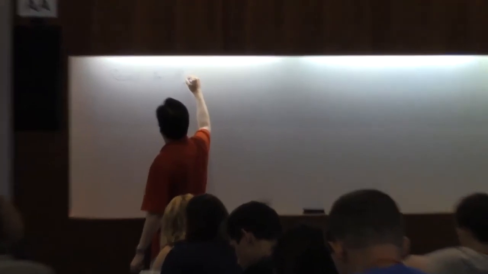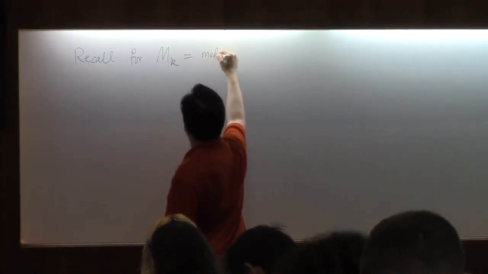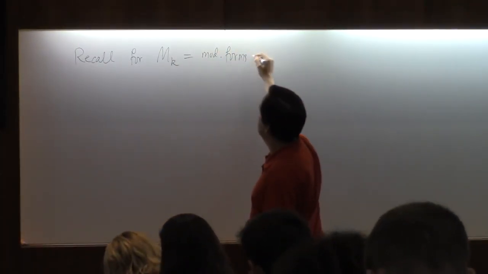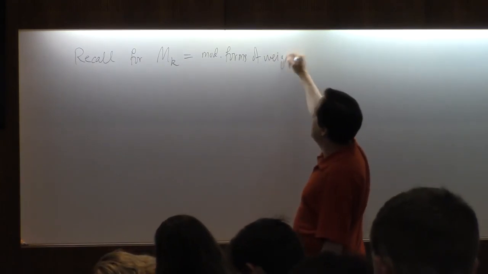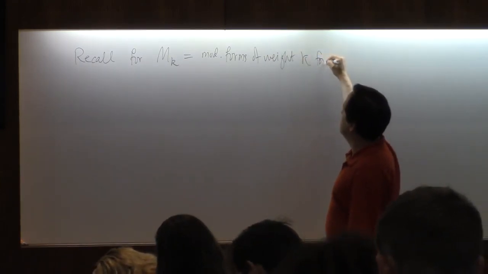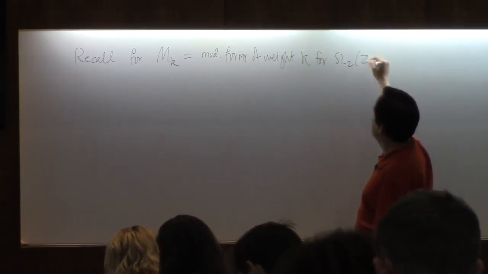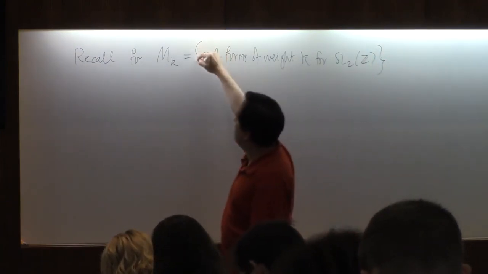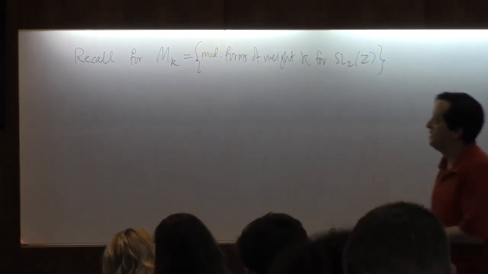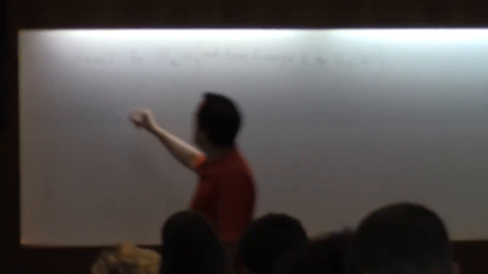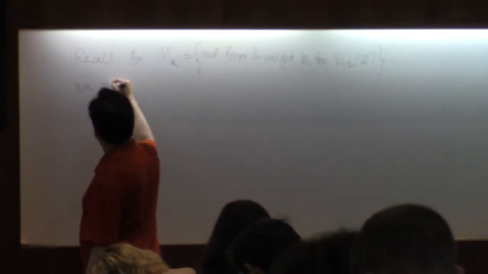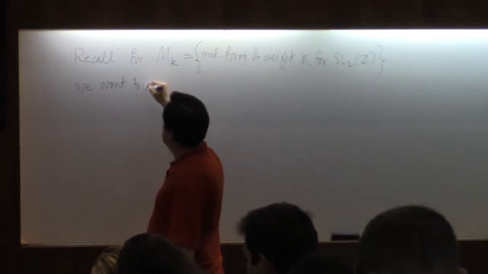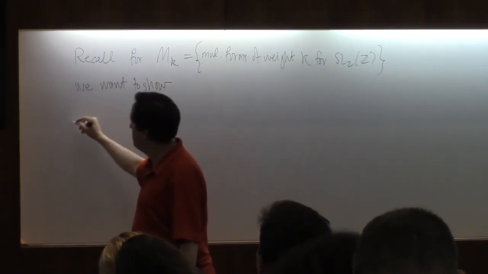So I'll write M_k for the modular forms of weight k for SL2Z, so the set of all of these is a complex vector space, and we wanted to compute the dimension.